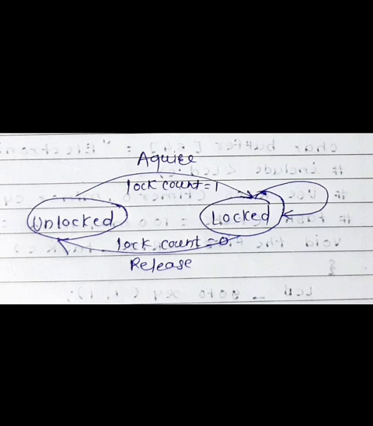Mutex and semaphore can be used for a number of activities. The first one is to control access to the shared resource, to signal the occurrence of an event, and to synchronize the activities of the tasks. Then the next one is deadlock.